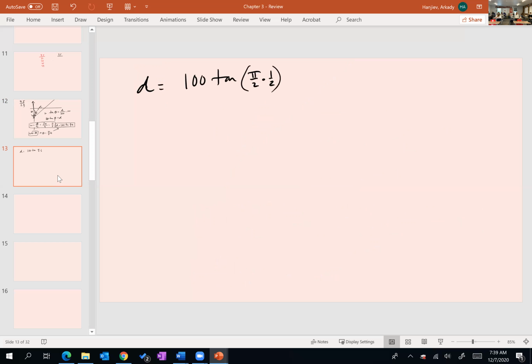So that t turns into half a second if that's the case. I have tangent of pi over 4.